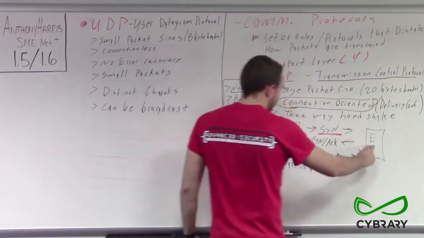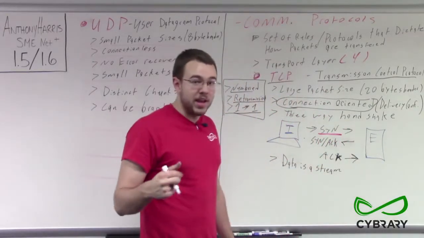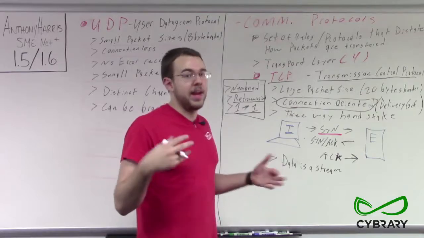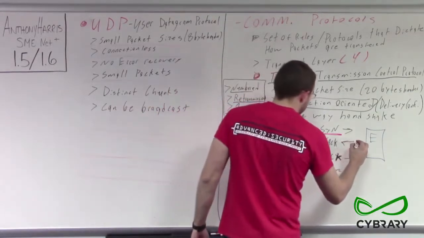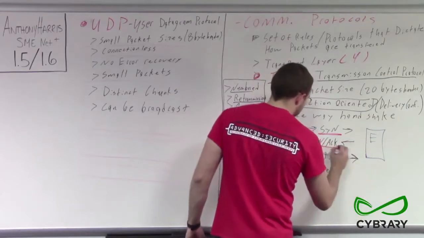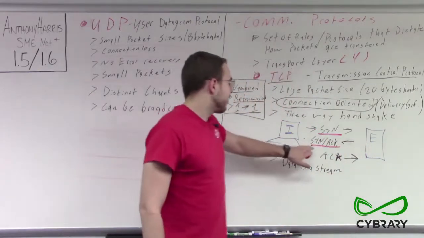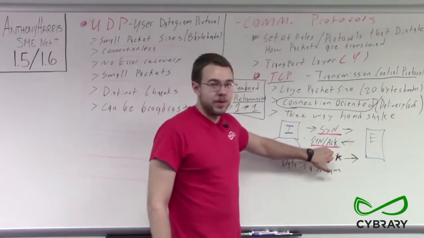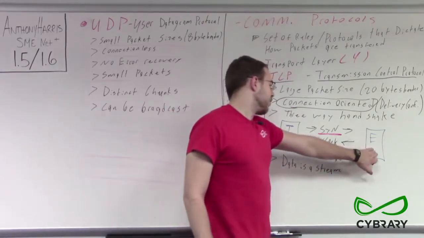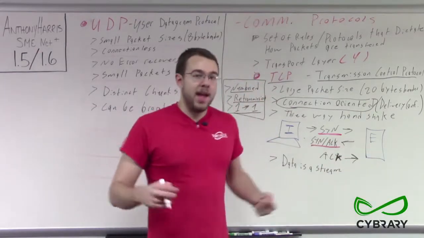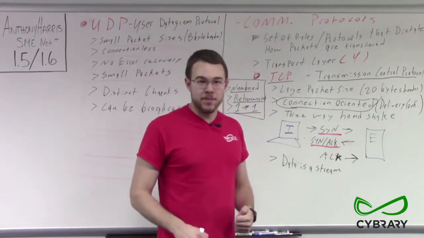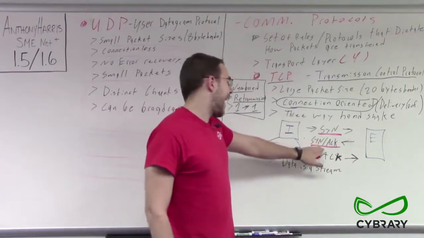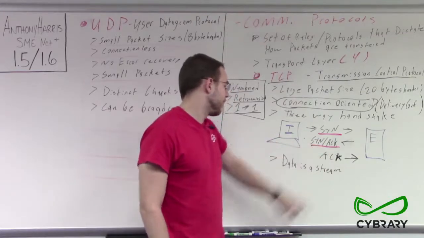If our receiving party receives this properly, accepts it, and decides, yes, it wants to initiate this connection, then it will send back to the initiating party a synchronize acknowledge. So this receiving party has said, okay, I acknowledge that I have received your first synchronization packet. So a SYN-ACK, synchronize acknowledge.